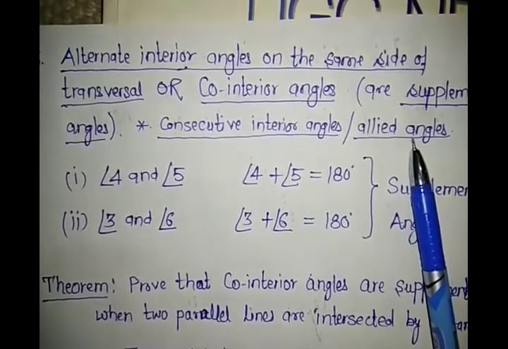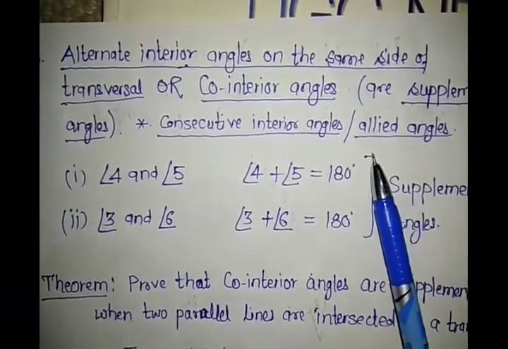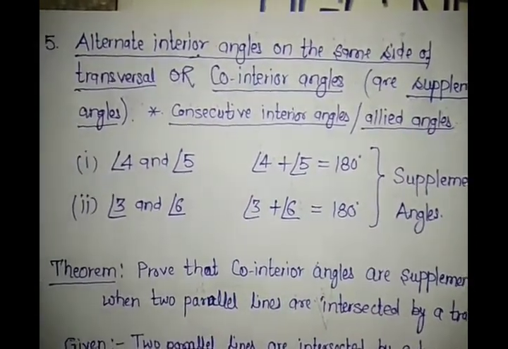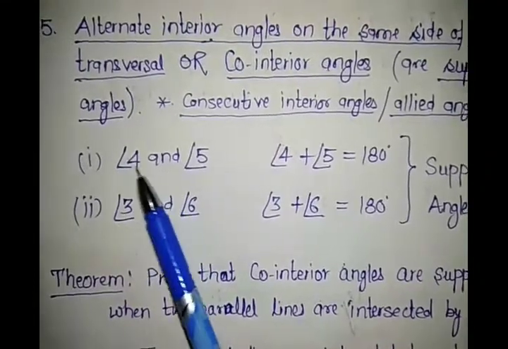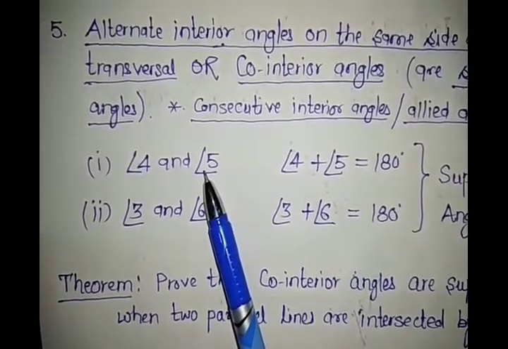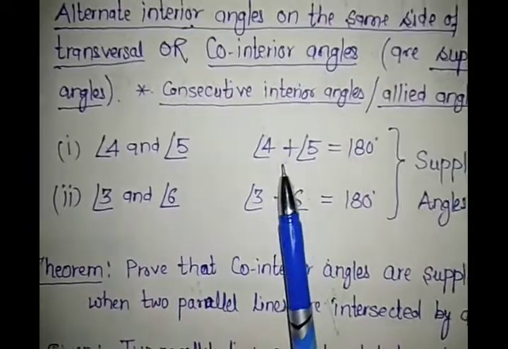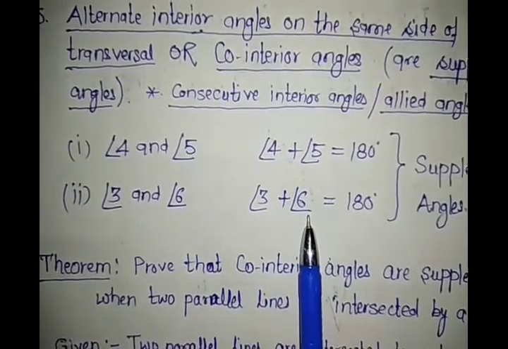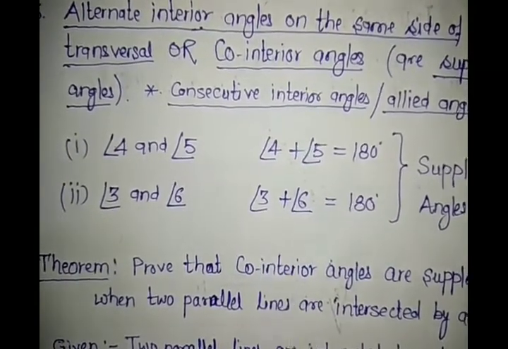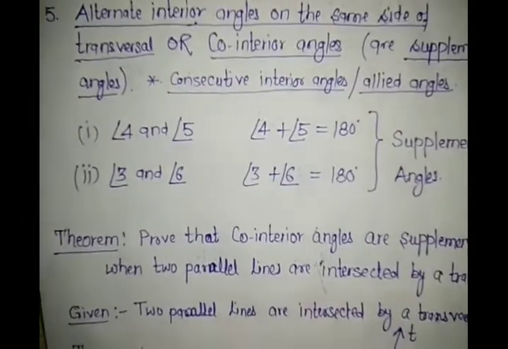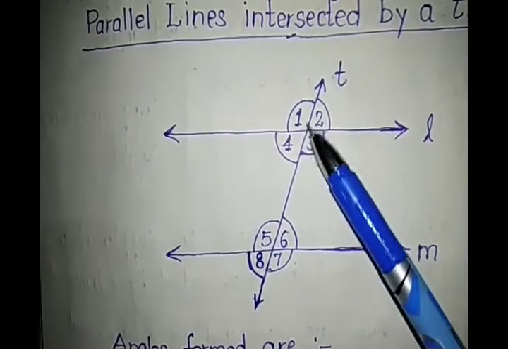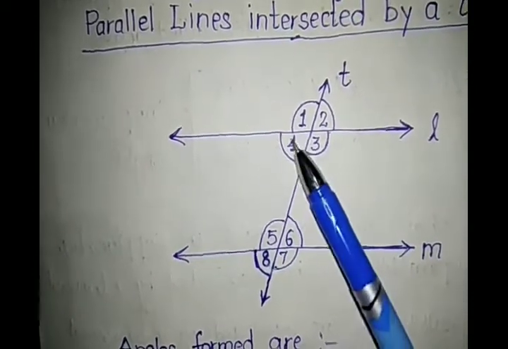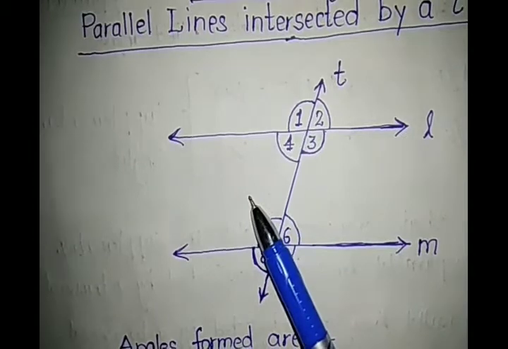And there is a special thing about these angles, that these angles are always supplementary, means angle 4 and angle 5 which are on the same side of a transversal, their sum is 180. Similarly, angle 3 and angle 6 are also on the same side of the transversal.